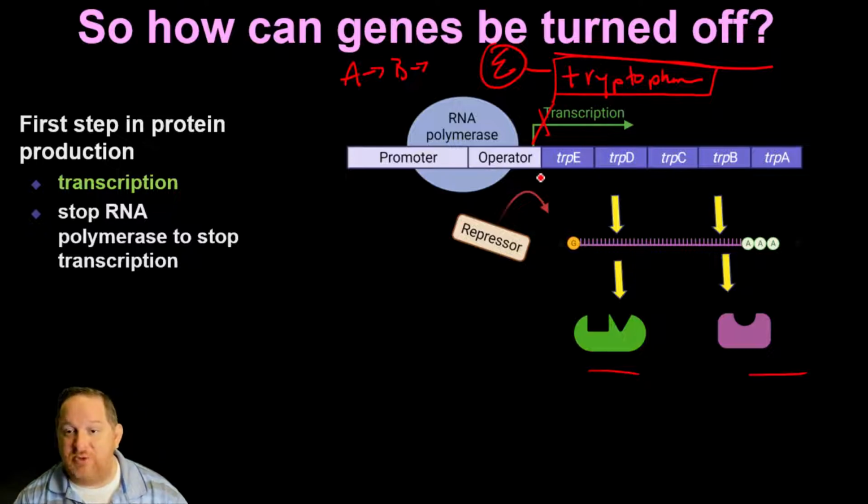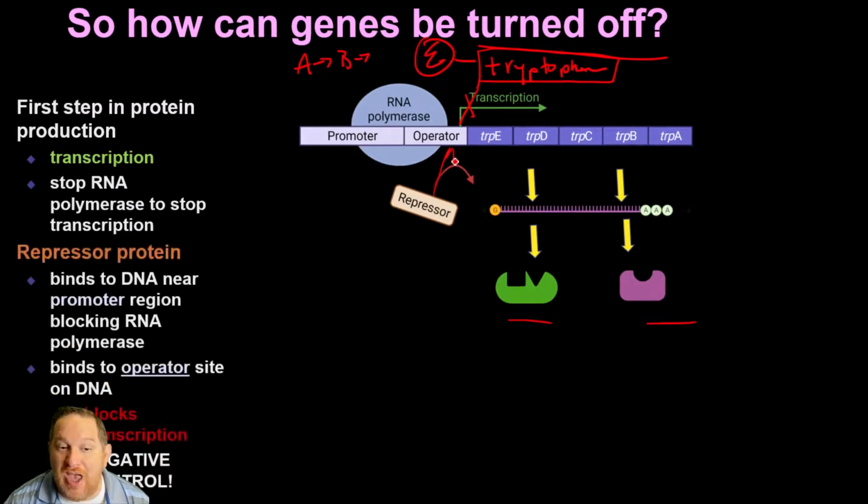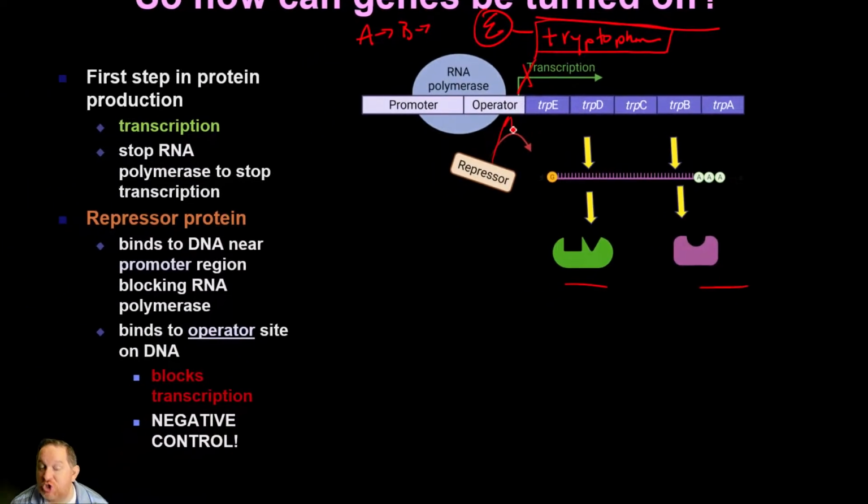Well, how do we stop transcription? Obviously, we need the repressor. So, how does the repressor know to go and bind to the DNA? Well, this repressor protein will bind to the DNA, blocking RNA polymerase from transcribing it, when it has a certain specific signal to do so. What's the signal?